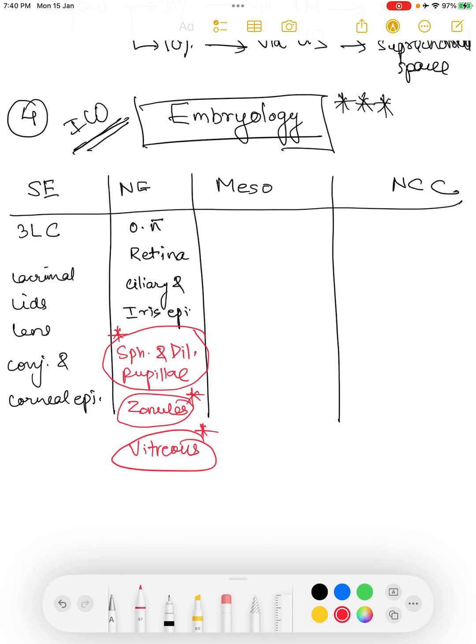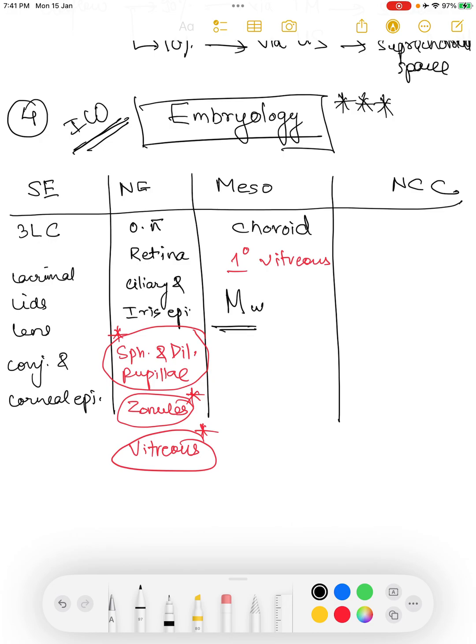Coming to mesoderm derivatives. Choroid. Choroid is a part of the ICC. ICC was the part of uvea, as you all know. Now the twist comes. Primary vitreous is from mesoderm. Muscles.